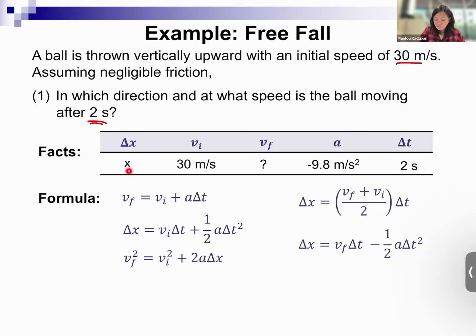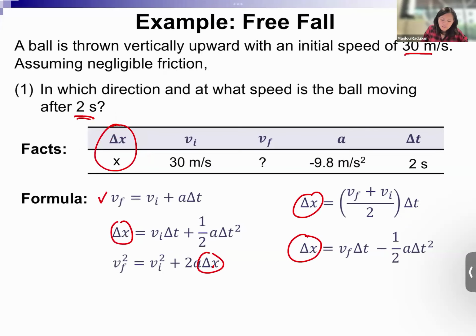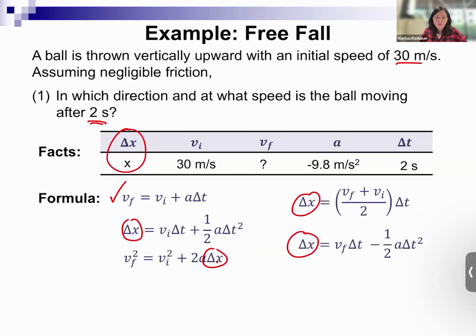Once you've written down what's given and what you want to find, you now look at the kinematic equations. You don't know delta x, so any kinematic equation that contains delta x will be useless in solving this problem. You find that there's actually only one equation that you can use to solve this problem.